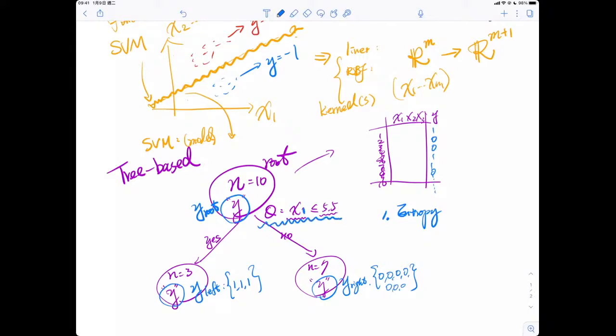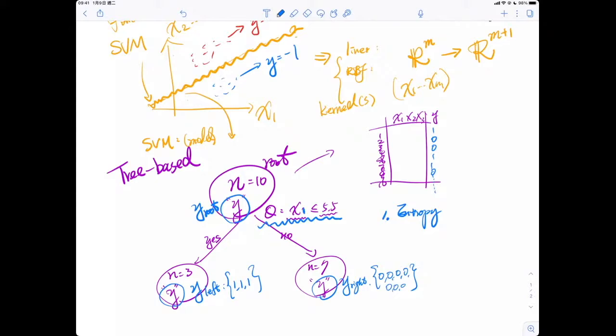And of course, in practice, maybe there are no such perfect features and perfect parameters that can partition the original data into 2 data sets like this. So I can ask a lot of questions, and here are some equations to help you evaluate which question is the best question.